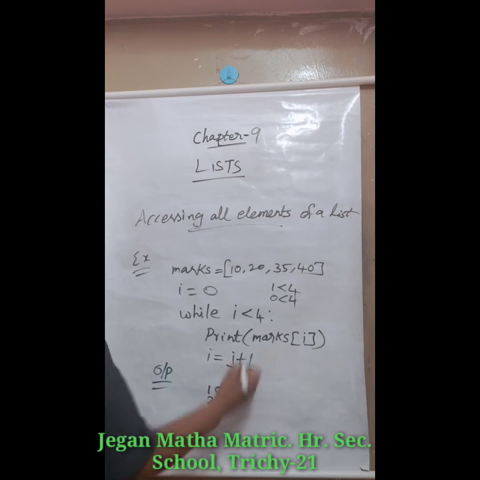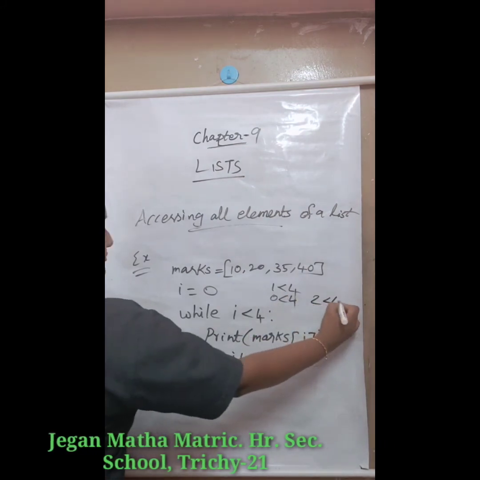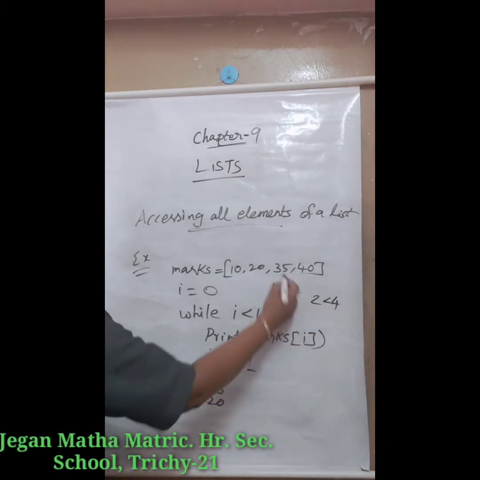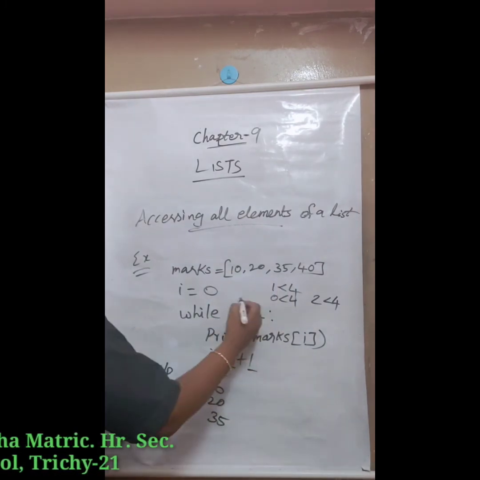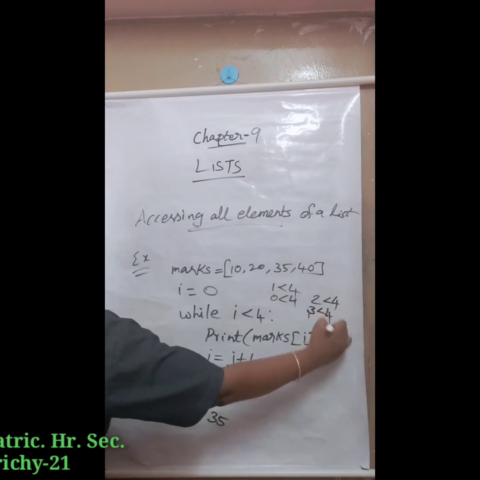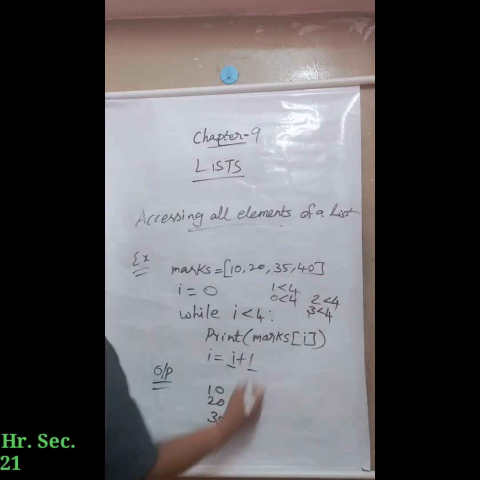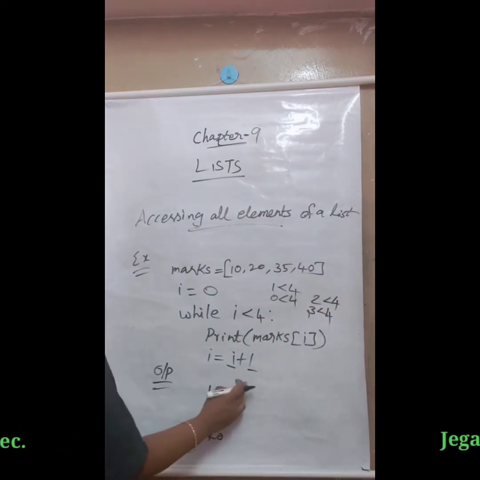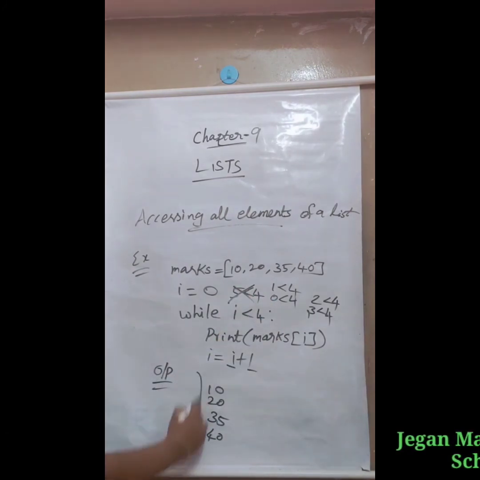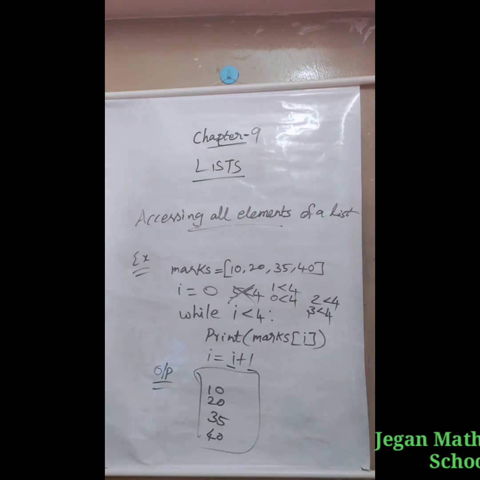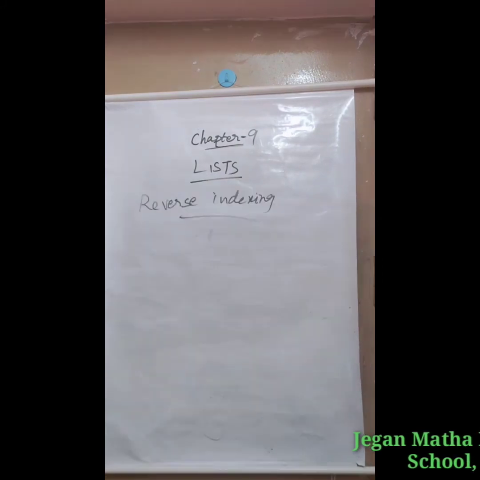Next 1 plus 1, 2. Then 2 less than 4, condition true. Marks of 2, 35. 2 plus 1, 3. 3 less than 4, condition true. So it prints 40. And 3 plus 1, 4. When it comes to 4, the condition becomes false. So it produces the output 10, 20, 35, 40.